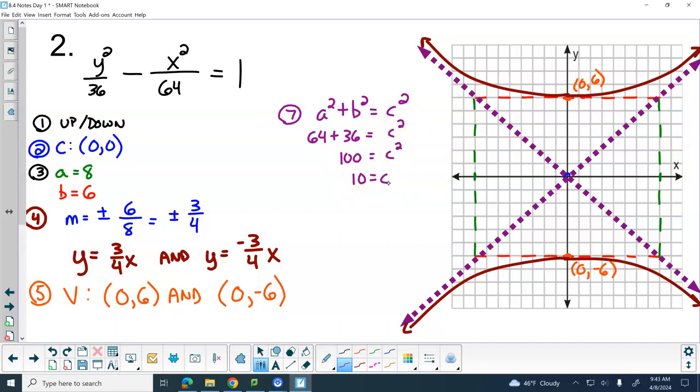Okay. So my foci are going to be up and down 10 or left and right 10. Up and down. They got to be inside the curve, right? So I think I gave you tens and a line of tens. Oops, I put 10, 0.